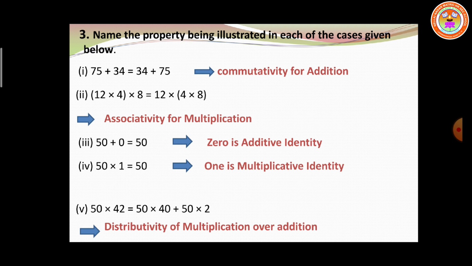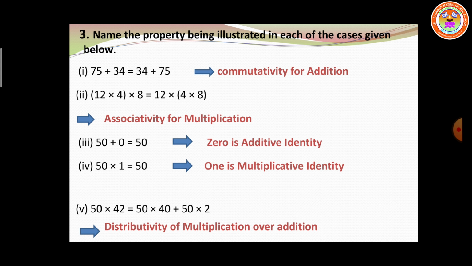Very good. Then third one, 50 plus 0 is equal to 50. Any number added with 0 gives the same number. So it is additive identity. Then 50 into 1 is equal to 50. Any number multiplied by 1 gives the same number. So it is multiplicative identity.